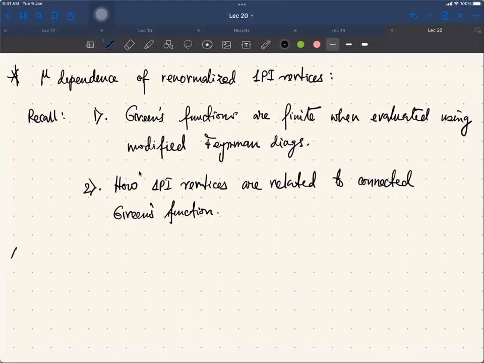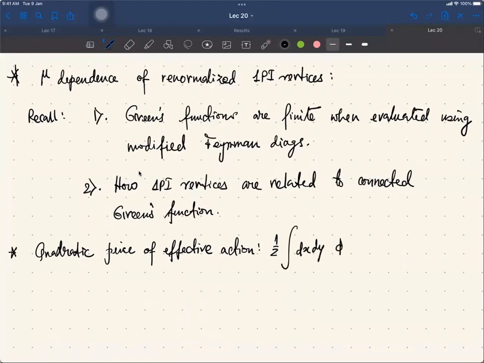So the quadratic piece of effective action is given by half integral dx dy phi_cl(x) gamma_2(x minus y) phi_cl(y).